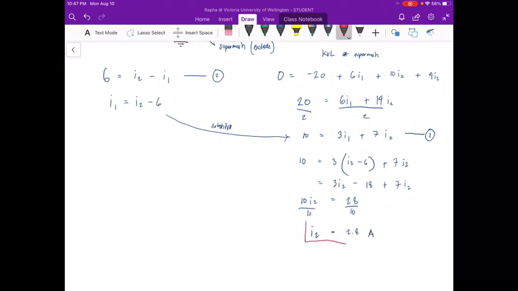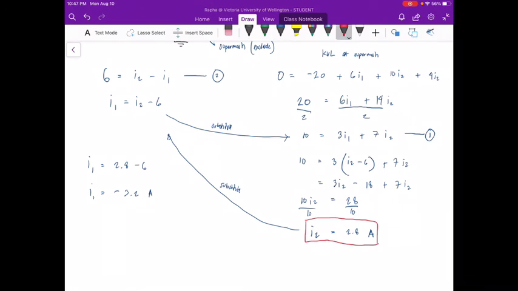So we have now solved for our I2. What we're gonna do next is we will just substitute it back to equation 2. We have I1 is equal to 2.8 minus 6. 2.8 minus 6 is negative 3.2 amperes.